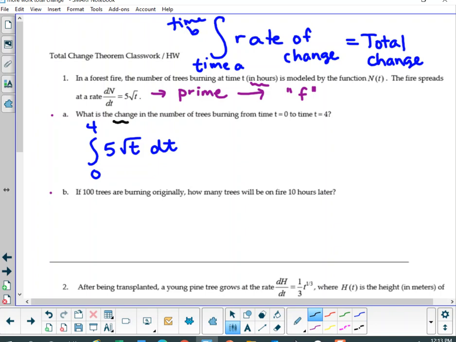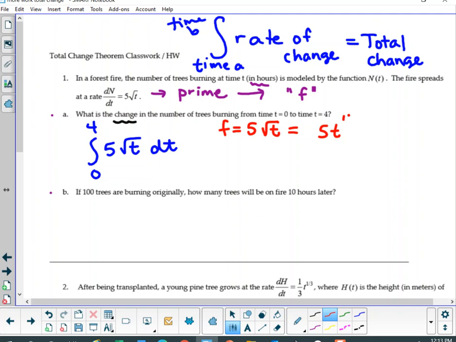One of the clues in this problem is that it's asking for a change. So number one thing, we figured out we're going to solve this problem through a definite integral, through an FTC application.